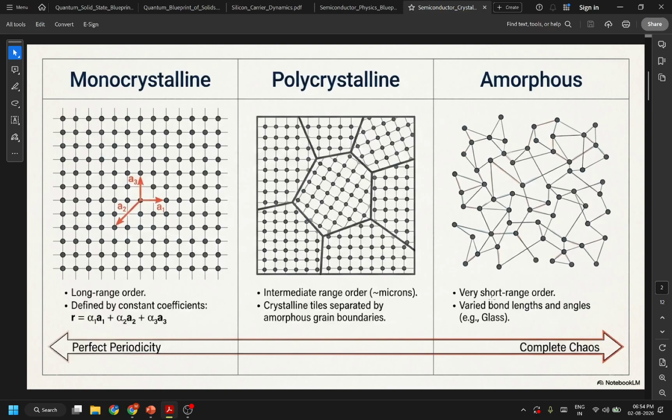whereas amorphous have very short range order, where their periodicity has negligible range. They have varied bond lengths and angles, and one example is glass.